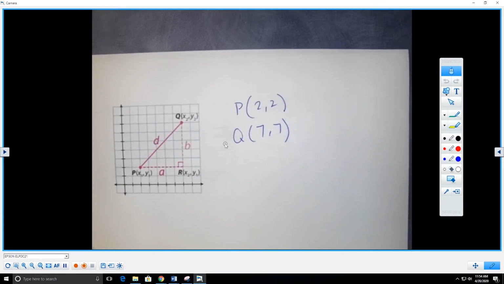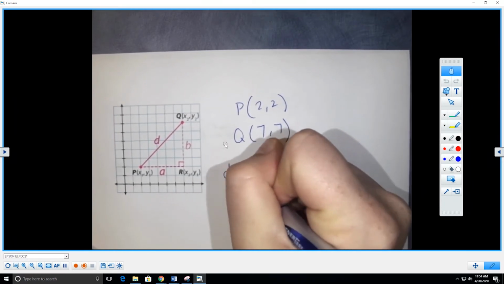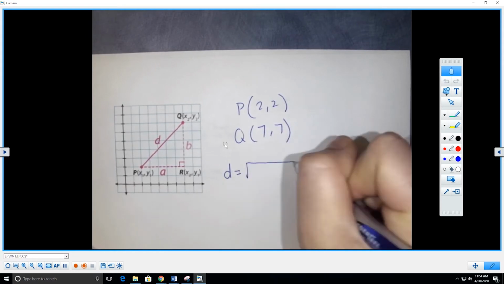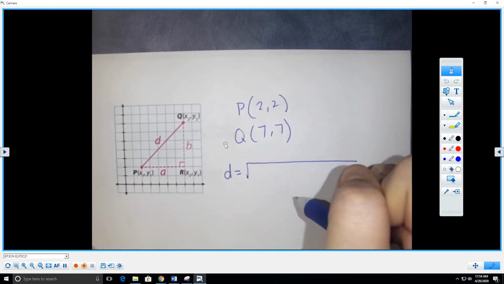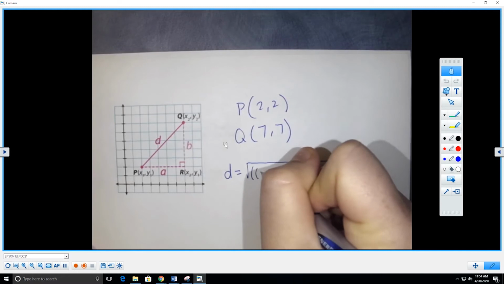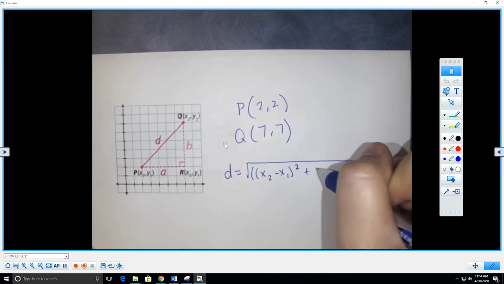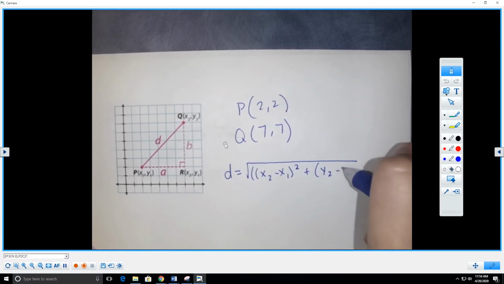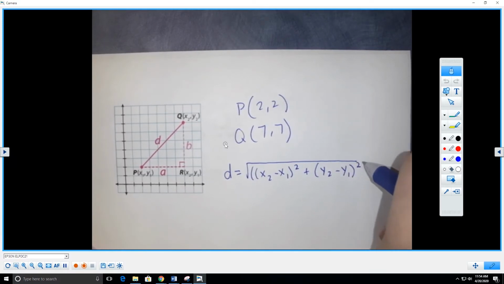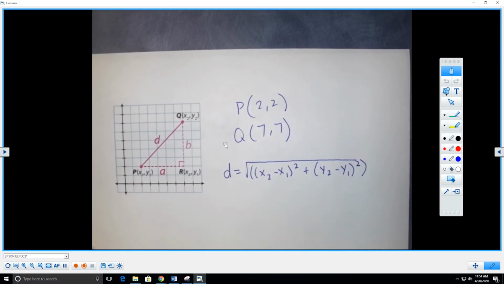So we have D equals the square root of x2 minus x1 squared plus y2 minus y1 squared. Okay, so let's plug in our points.